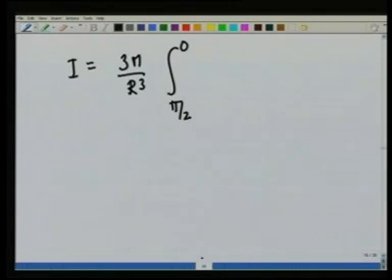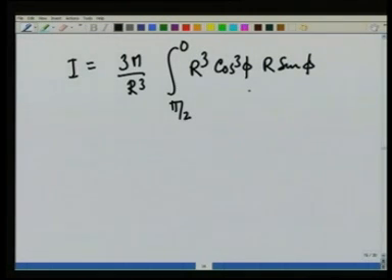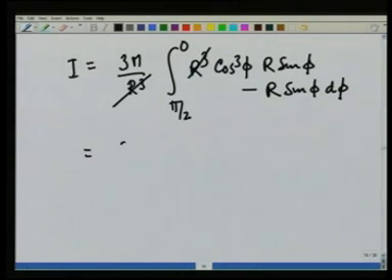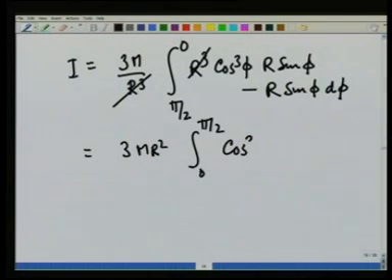For r cubed, I get R cubed cosine cubed phi, square root R square minus r square comes out to be R sine phi, times minus R sine phi d phi. This R cubed cancels, and I get 3 M R square, 0 to pi by 2, cosine cube phi sine square phi d phi.